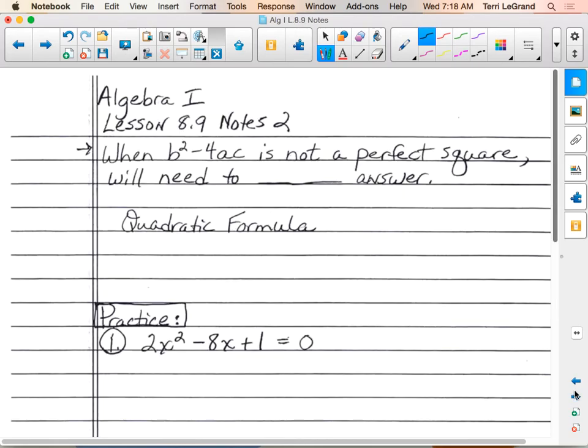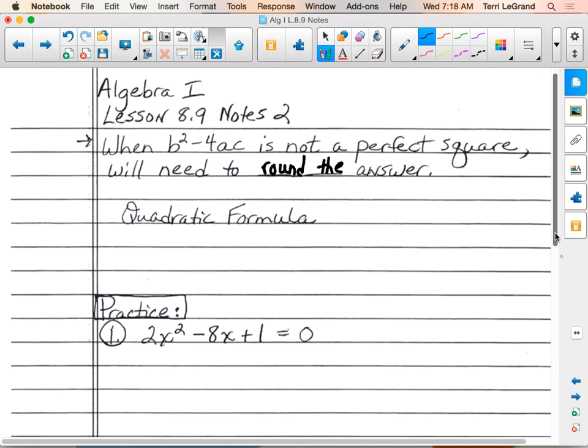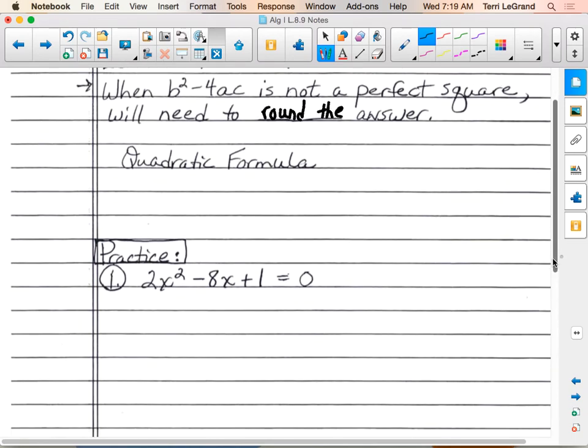Okay, let's go on to our next one, next page. When b squared minus 4ac, our discriminant under the radical sign, is not a perfect square, you will need to round the answer. You will need to approximate the answer, okay? Like we did yesterday in our square root method when we did not have a perfect square that we were finding the square root of.